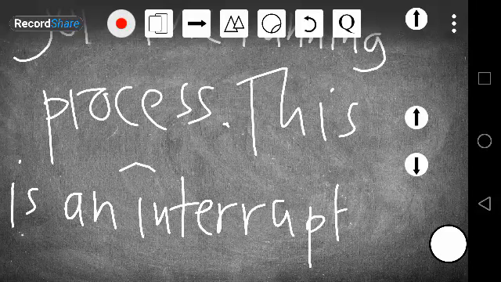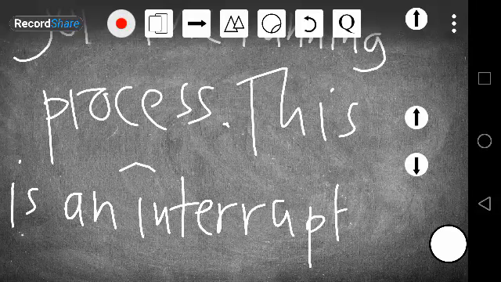Okay, so we are saying a program is being executed. Let's say, for example, you're playing a game, okay? While you're playing a game, it means it's a program that is being executed. Then all of a sudden you just decide to minimize the game.